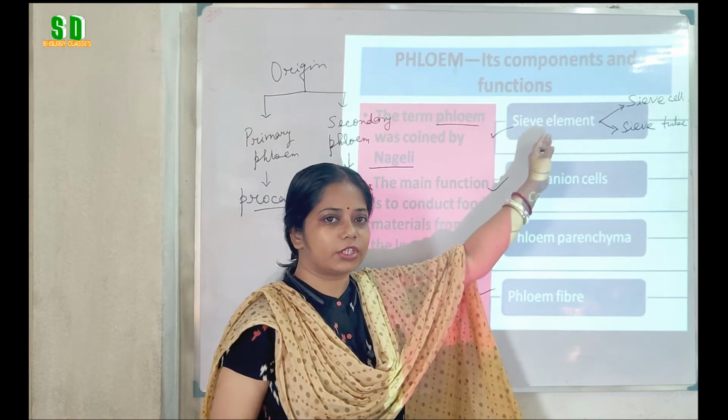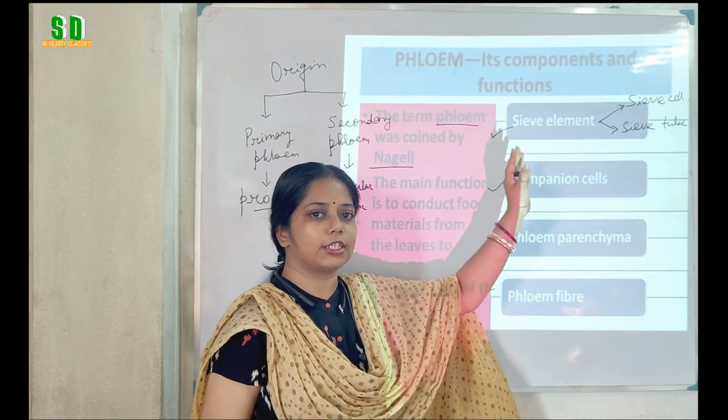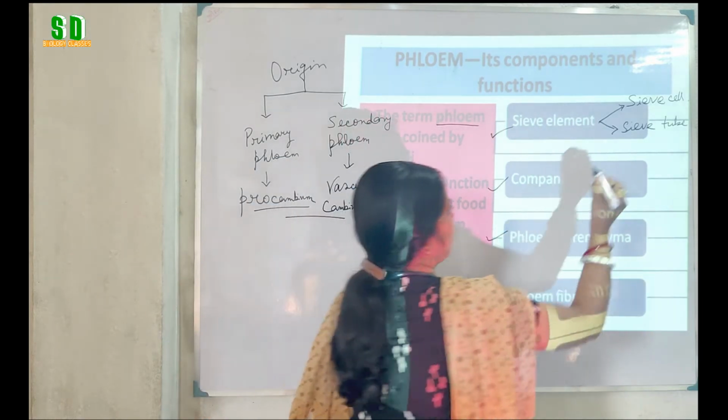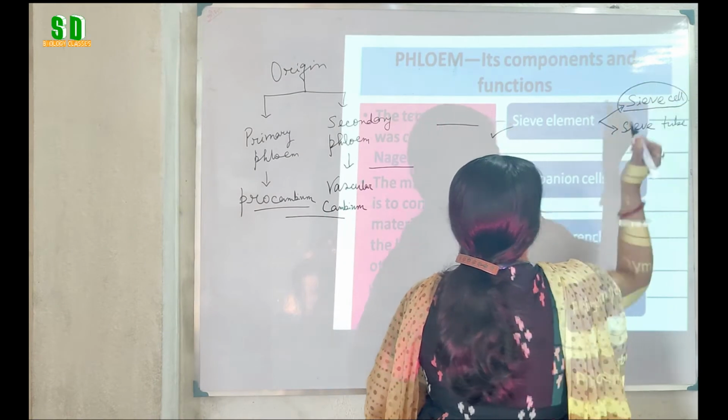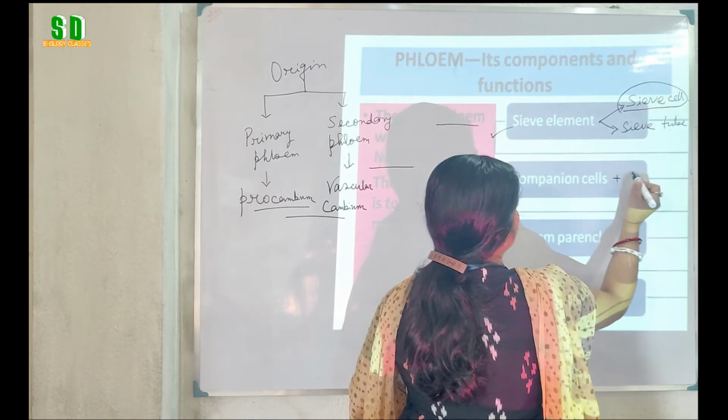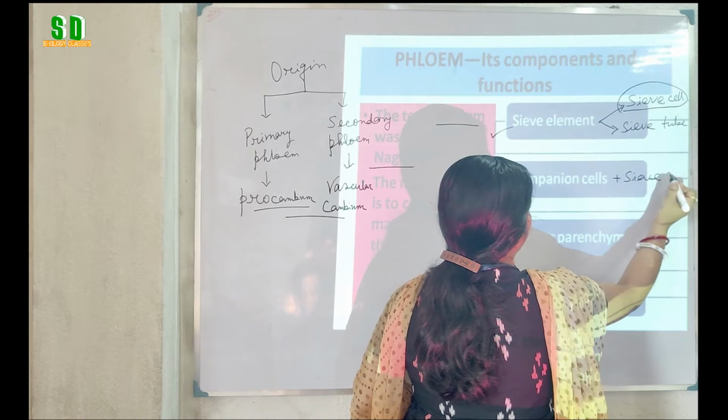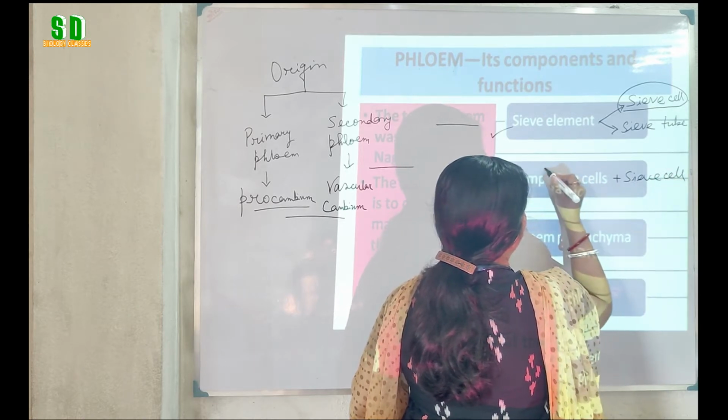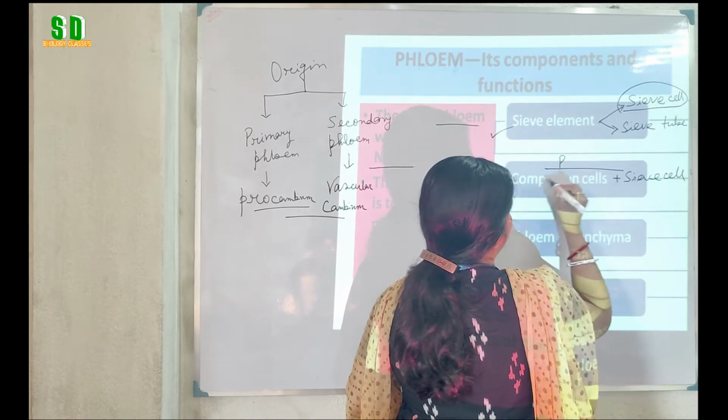So what are the different phloem components present in the Pteridophyta? In Pteridophyta, only the sieve cell and the companion cells are present.